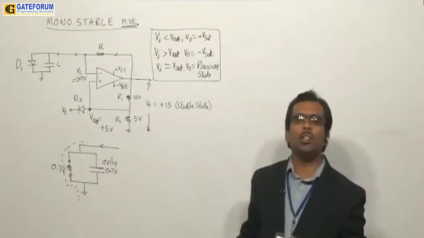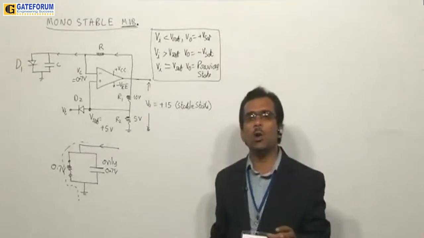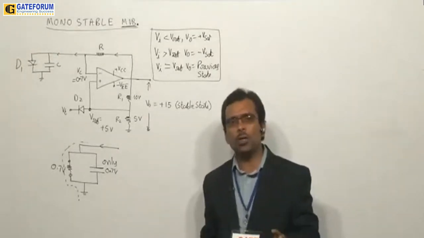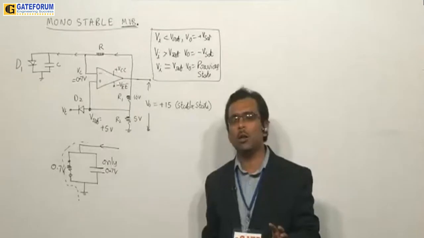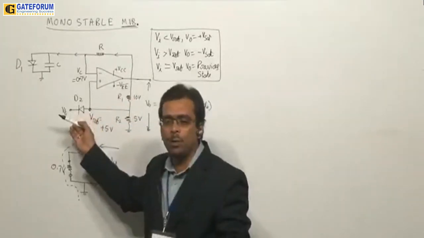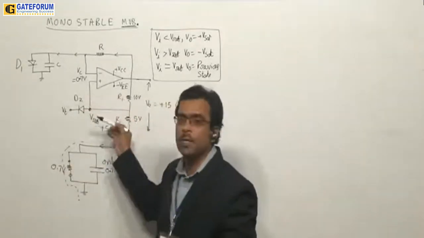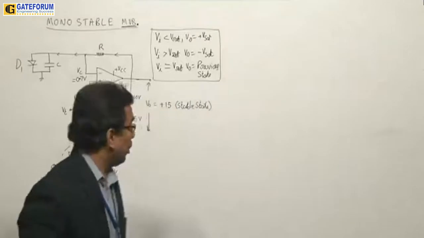From this you can understand the logic of this circuit: as long as the diode is forward biased continuously, you will never get any other voltage apart from this.